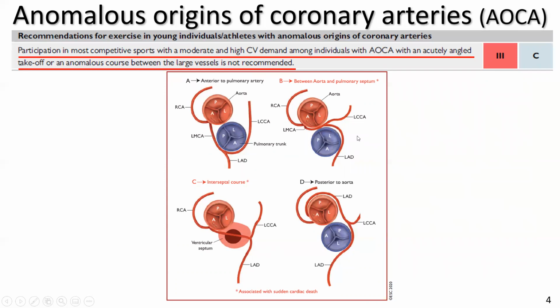But if we go to B, you can see that now the left main coronary artery has traversed through the small gap between the aortic valve and the pulmonary valve. In exercise, when both of these valve annuli increase in size, and the muscle in here increases in contractility, it's very susceptible to squashing or physical compression of the artery.